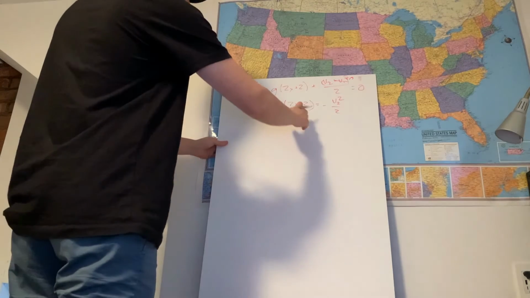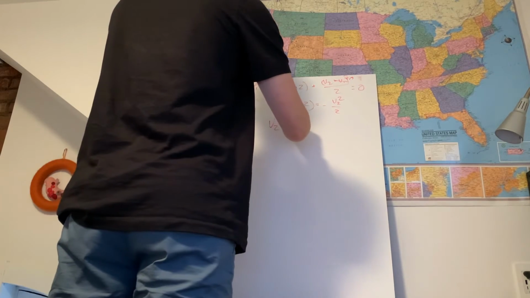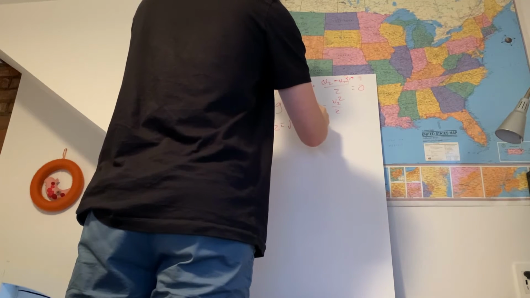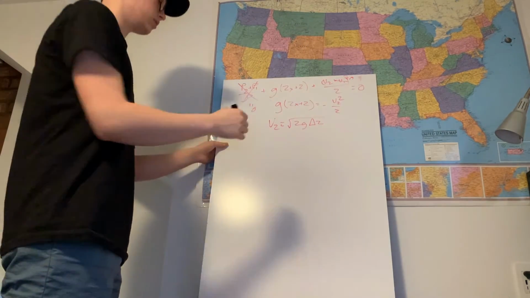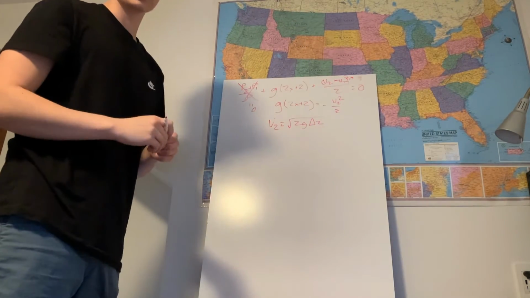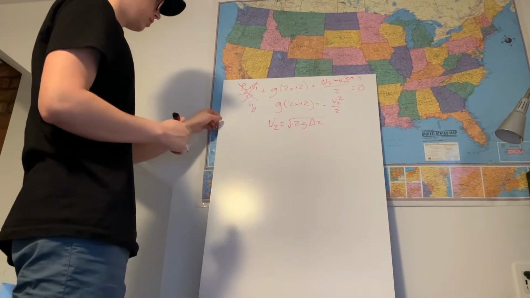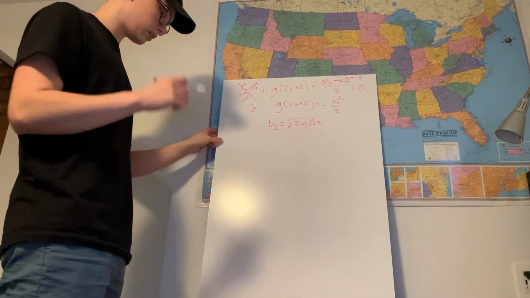When we do that, we get V2 equal to the square root of 2g times delta z, our change in height, the liquid level. So that was our h values in the previous board.